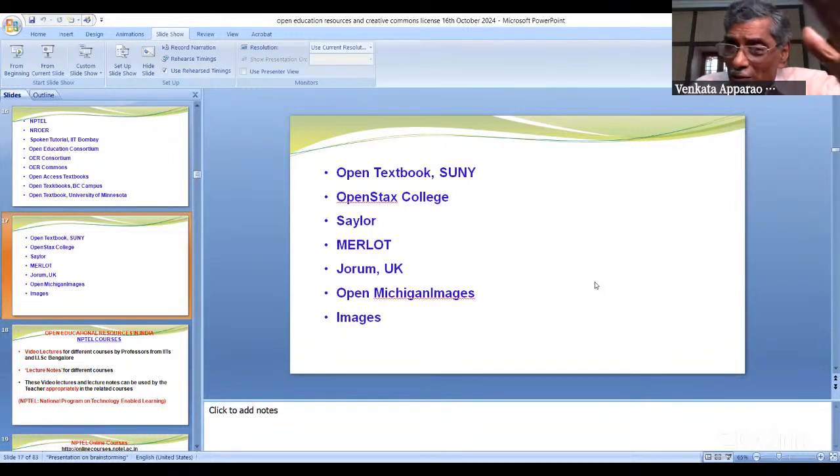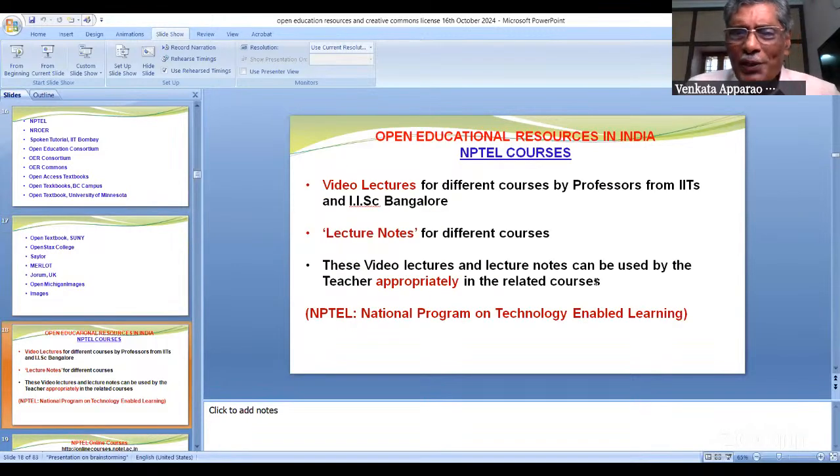These are examples as I could collect. There may be many more other than these. Now, I shall explain open educational resources in India.